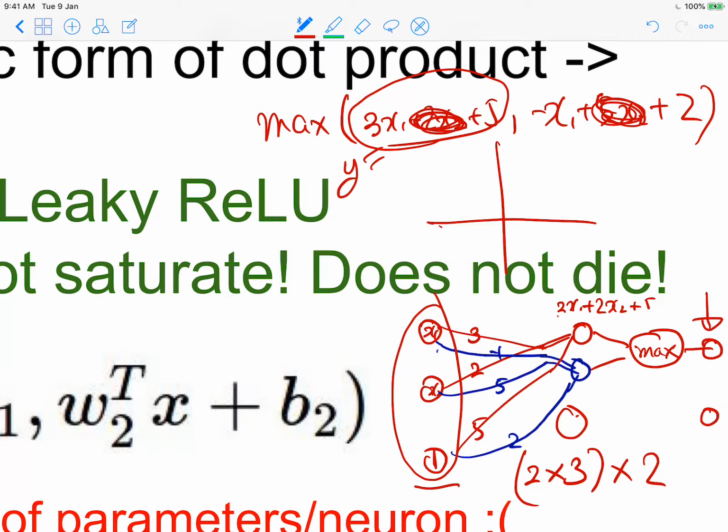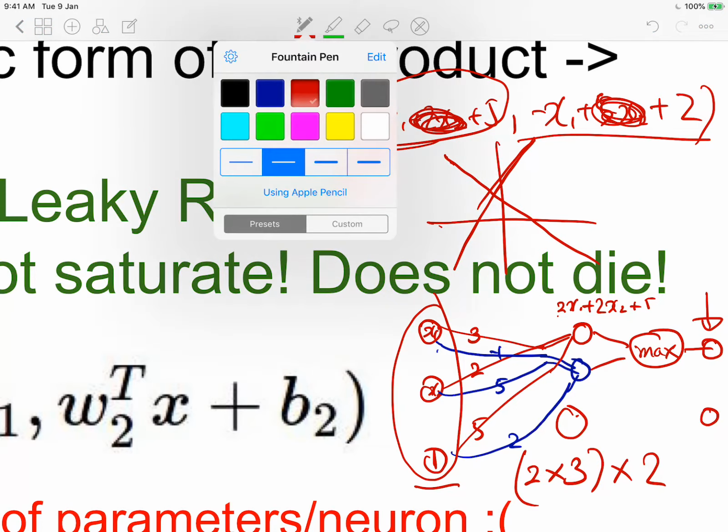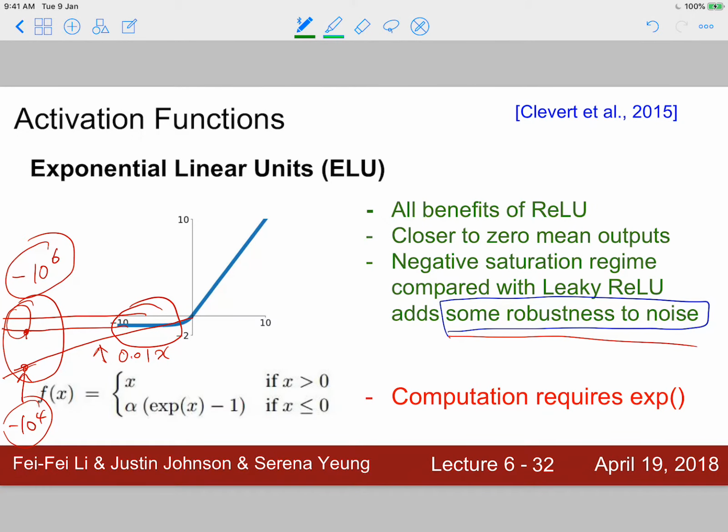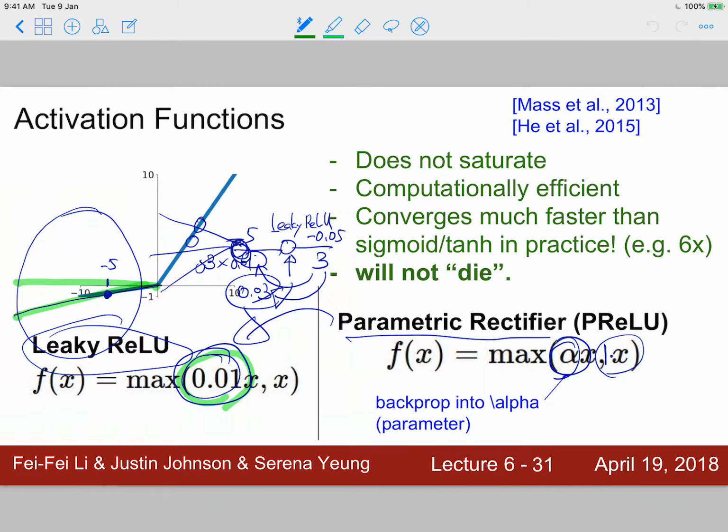We can represent one line as this guy, and another line as this guy, right? So our output will have this kind of shape, right? We have two pieces of lines that are connected at a particular point. So it can be viewed as a generalization of this leaky ReLU or this PReLU.